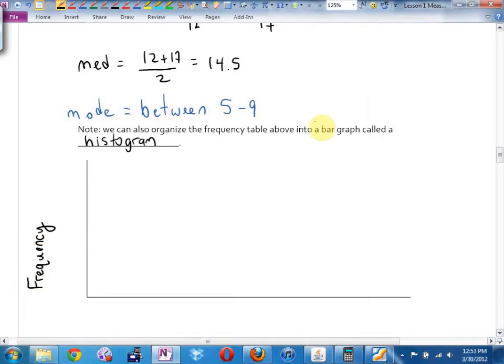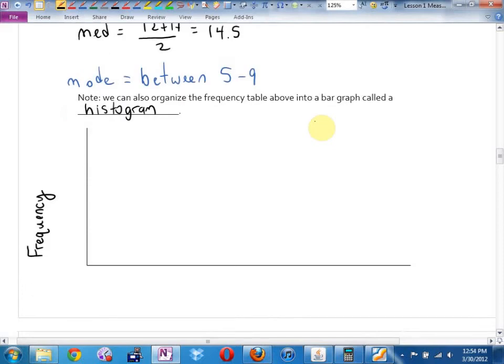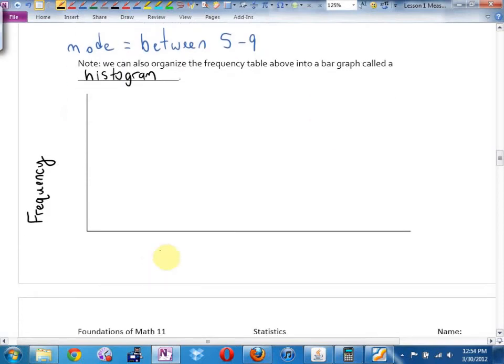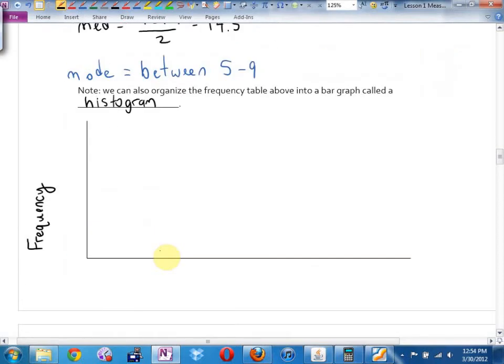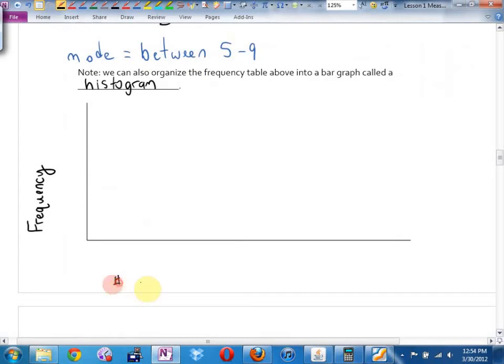See how clever that was to be able to write? And on the x-axis, number of friends.